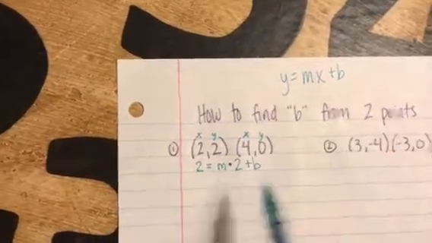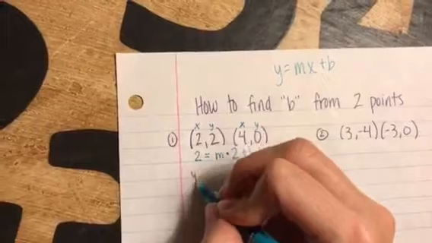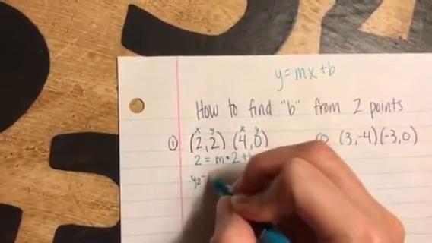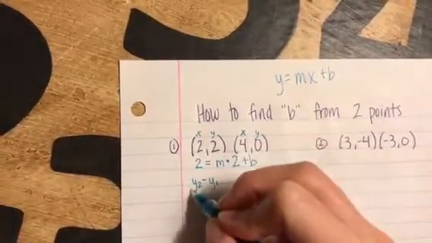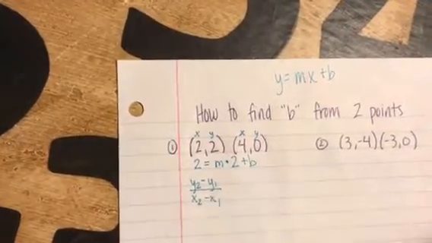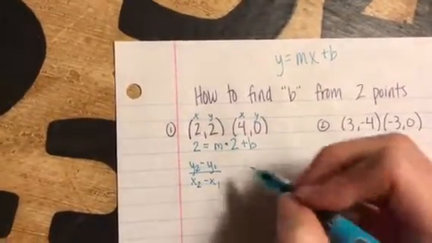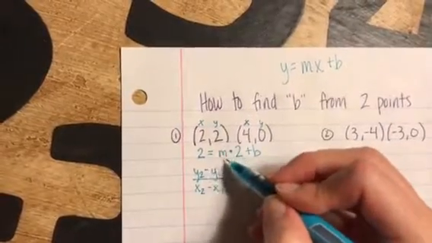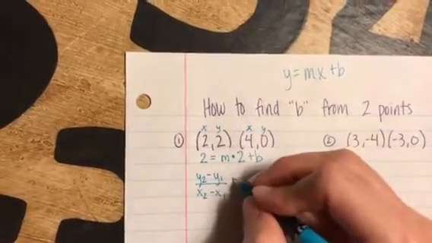I've got to figure out what m is, and I can use the 2-point formula, y2 minus y1 over x2 minus x1 to help me get the slope, or m, so I know what number goes in this spot.